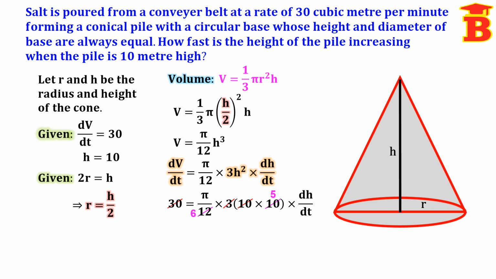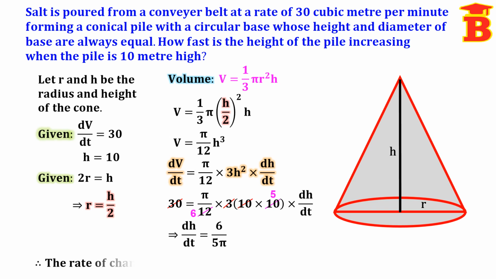So if we cancel by 2, here 5 times and here 6 times. And just cross multiply and get the answer. So this 6, take to the other side, that is 6 divided by 5 pi, cross multiply to the denominator. So divided by 5 pi. Therefore dH by dt equal to 6 divided by 5 pi.